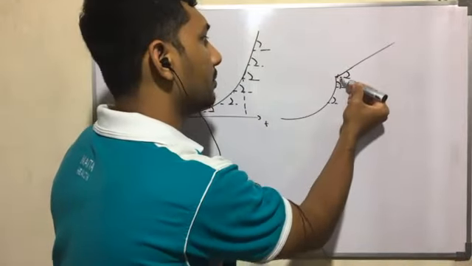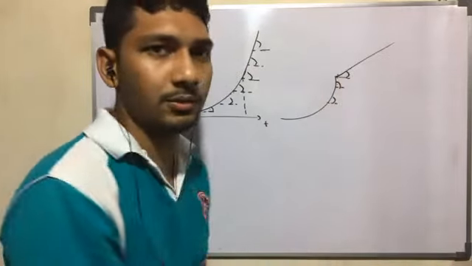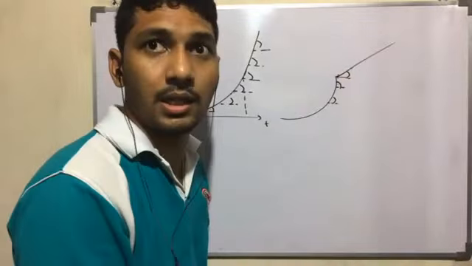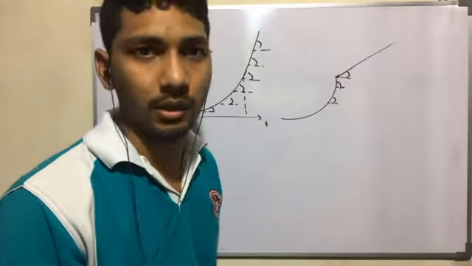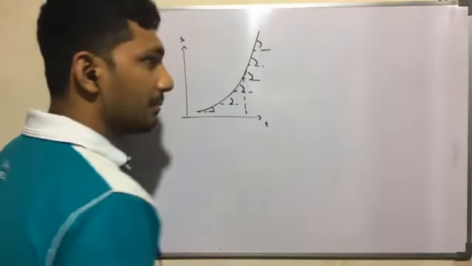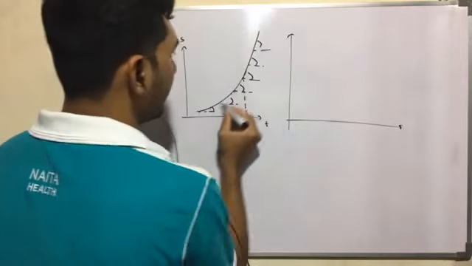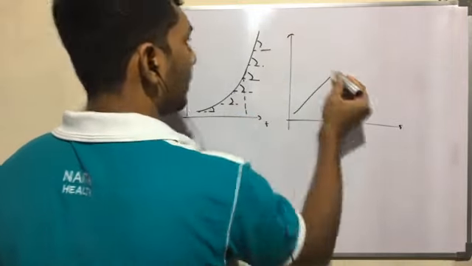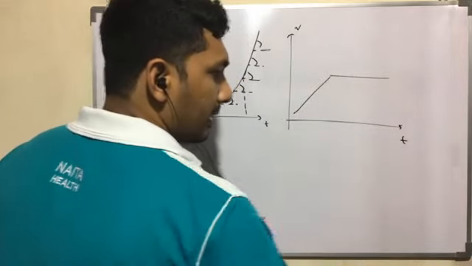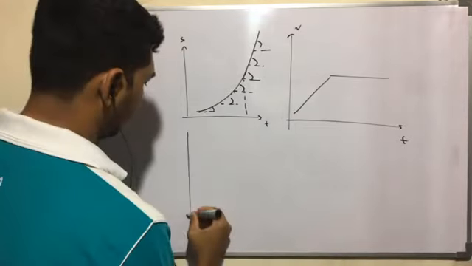You bring it to some value up to this point, and after that you reduce the value for the straight line part, so you are reducing the gradient. Don't do that. Don't show a break here. If there is a break, the graph will be different. Without a break, the graph will be increasing in positive and then remaining constant. This is the VT graph for this. And then another question I gave was this one.